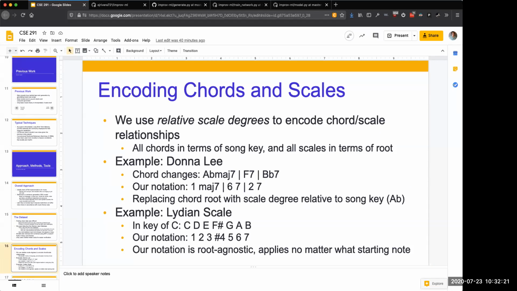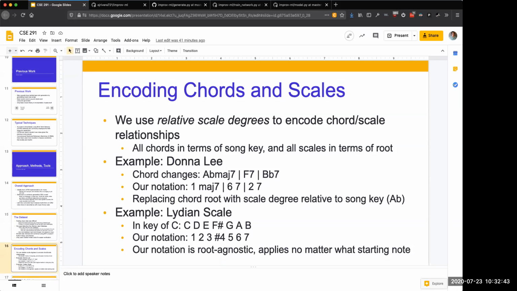And so as far as encoding the chords and scales, we used relative scale degrees to encode the chord scale relationships. So every single chord that was inputted was in terms of the song's key. And that way we could abstract everything to numbers rather than having specific notes being labeled.